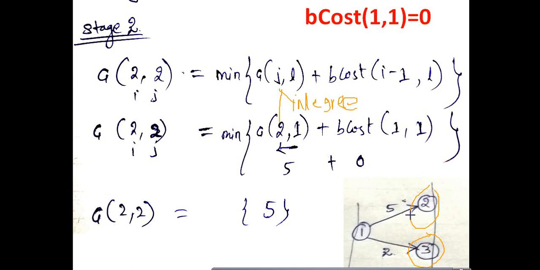How many in-degrees? Only one in-degree. From which vertex? From vertex 1. So you have to write this vertex 1 here.